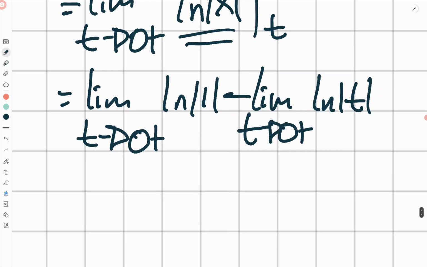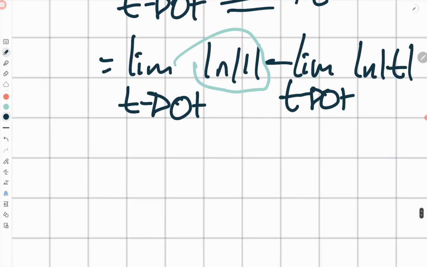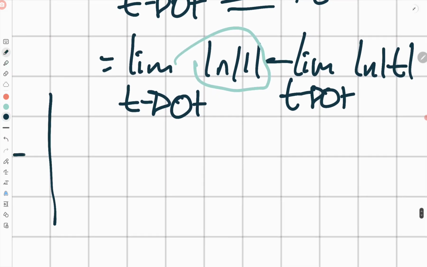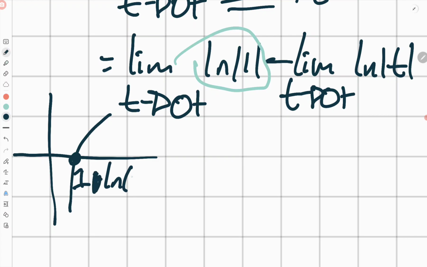Okay, what happens here now? So now we have to go back to pre-calculus, for example. Let's focus on this part, ln of 1, okay? Let me remind you, the ln function looks like this, roughly speaking. And this is 1. So this is a value of 1, and ln of 1 is equal to 0.